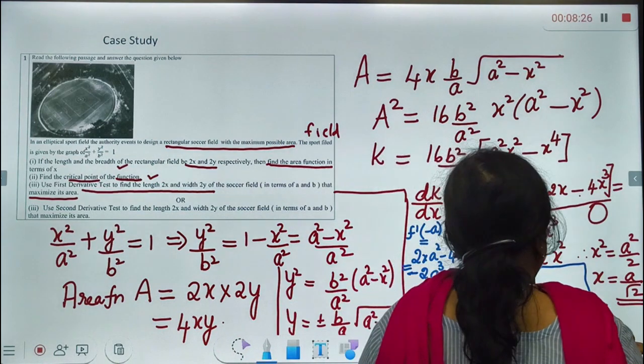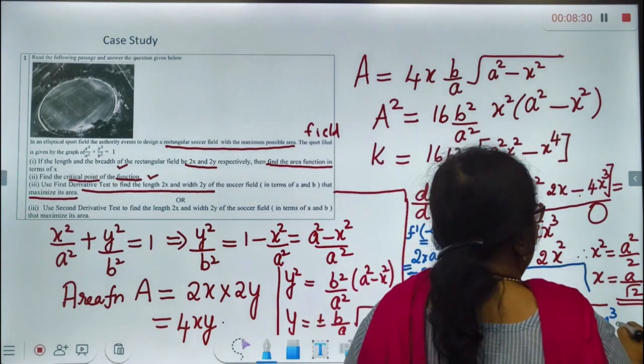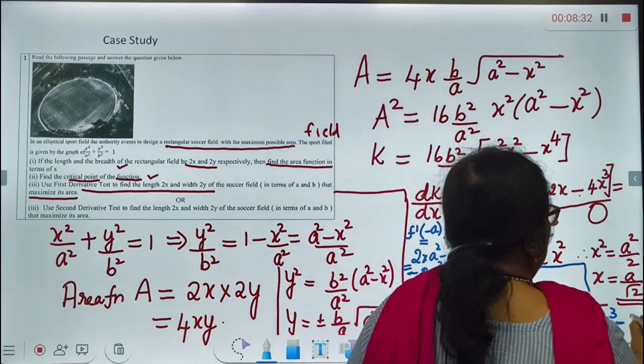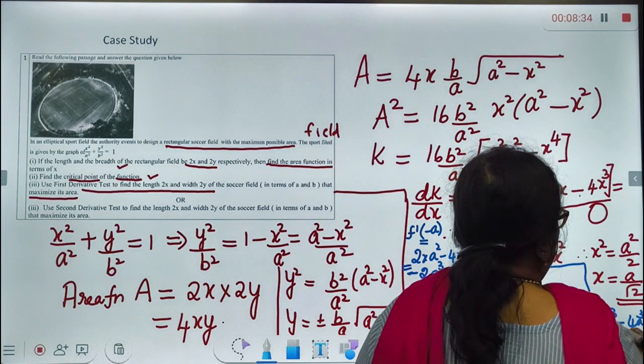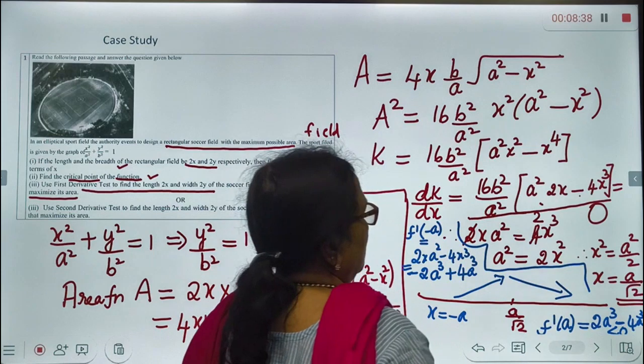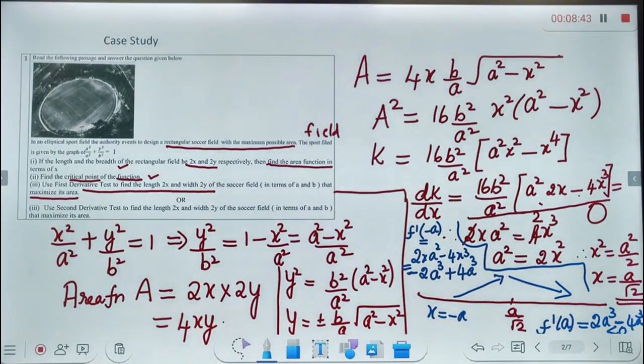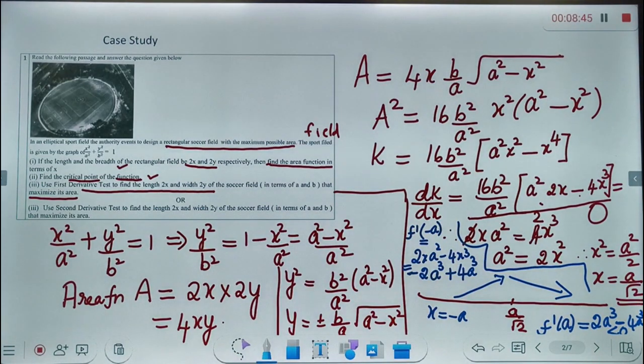Then what will I get? 2a cube minus 4a cube, which is less than 0. So, the function has a local maximum at a by root 2. Are you able to follow?